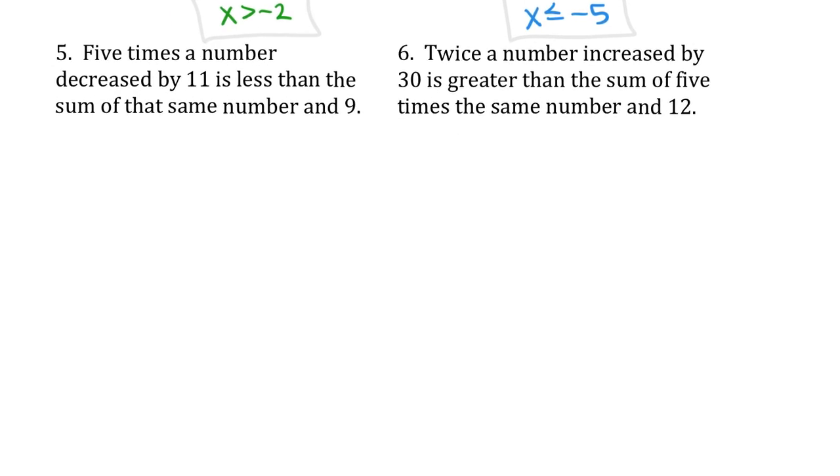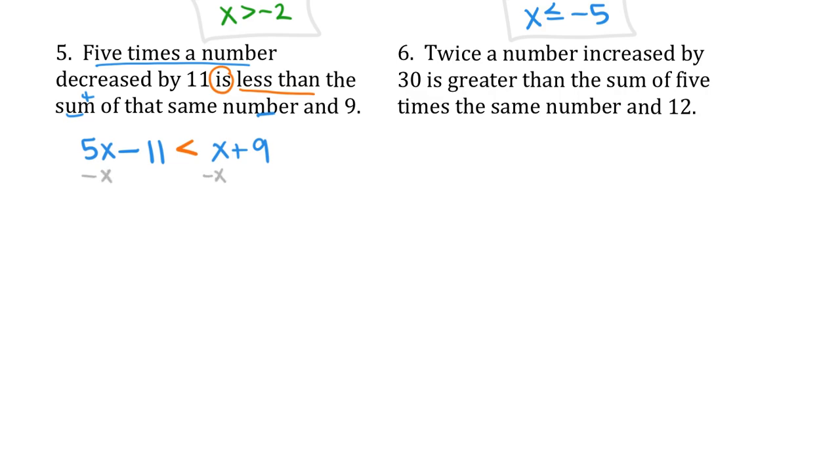Okay, what do we have now? 5 times a number, 5 times x, 5x, decreased by 11. There's is less than the sum. Uh-oh, sum is add. Add x and 9. Okay, and then once you translate it, go ahead and solve it. I'm going to minus the x over.